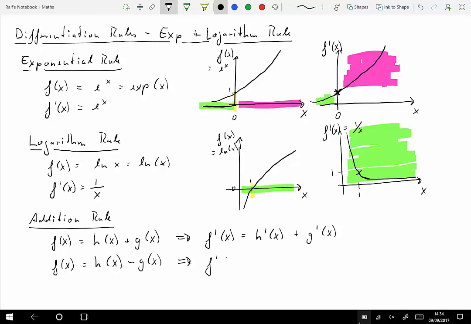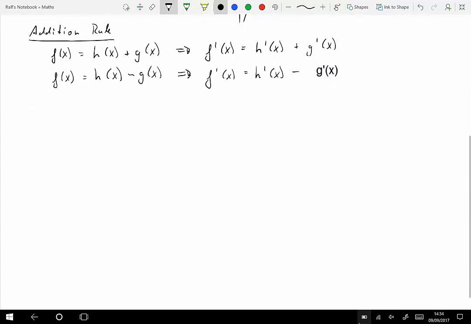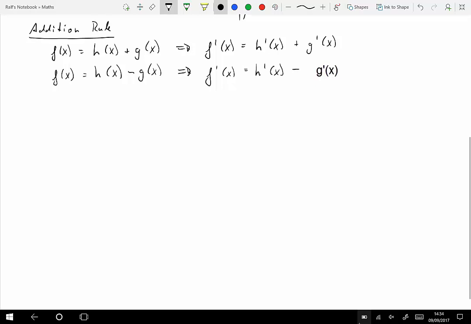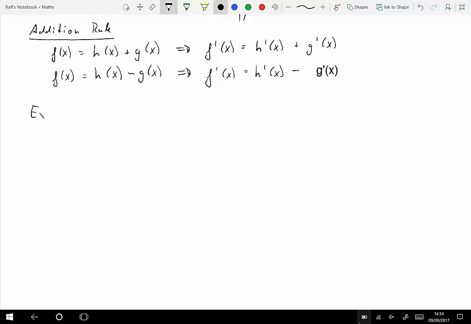Equally, if you have a function f of x that is h of x minus g of x, f prime of x is going to be h prime of x minus g prime of x. As you can see, I forgot the prime in the minus g prime of x, so let's put it in here.